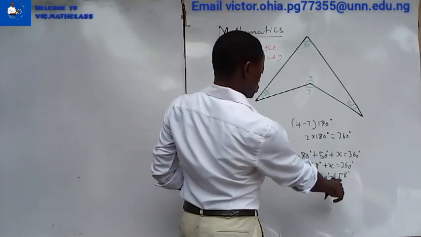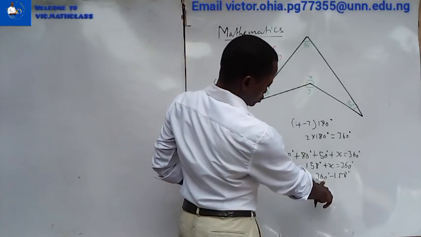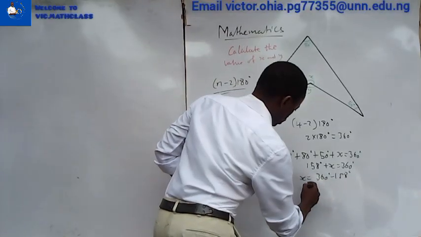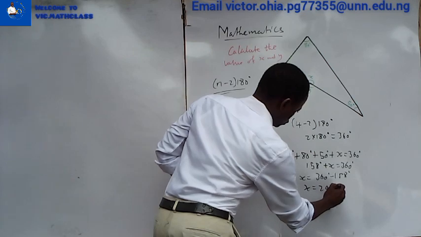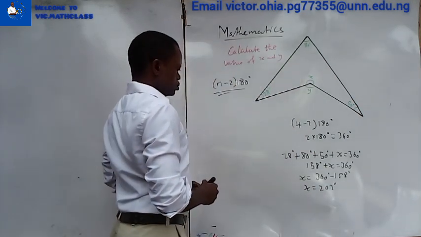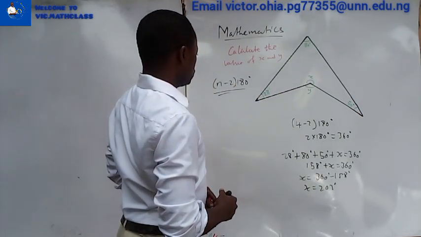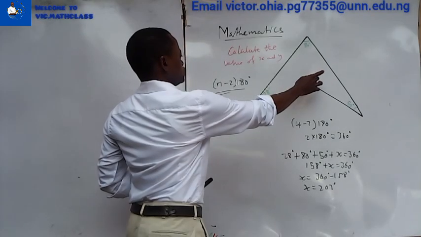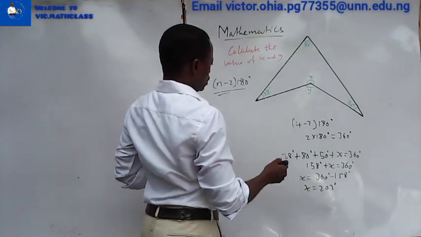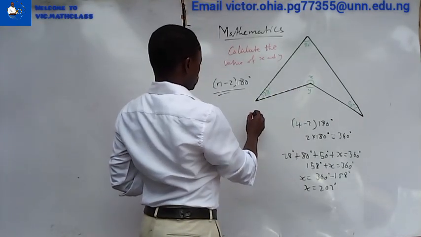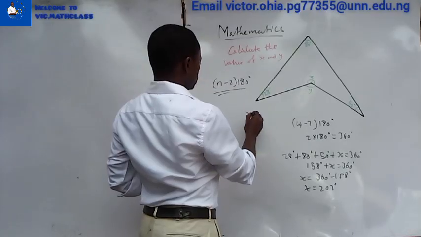We have to take away 58 from 60. So x will be 202 degrees.